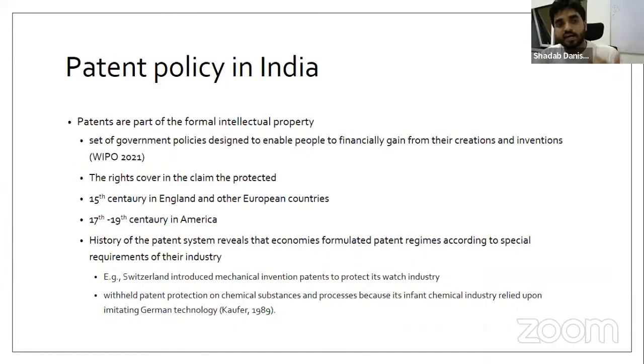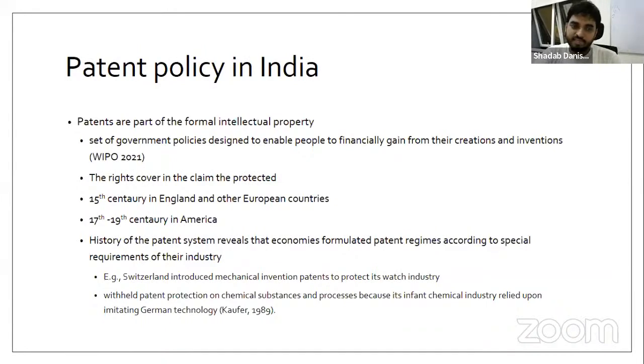If you look at it, it started from the 15th century in England and other European countries, and then spread in the 17th to 19th century in America. The history of the patent system reveals that economies formulated patent regimes according to the special requirements of their industry. Switzerland introduced mechanical invention patents to protect its watch industry.